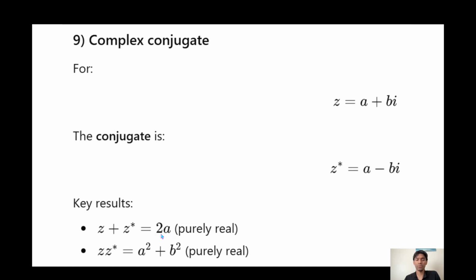This is a real answer. And then with z multiplied by z star, we have a squared plus b squared as our answer, which are real answers. So the imaginary parts are cancelled out, which we're going to find out how this works.